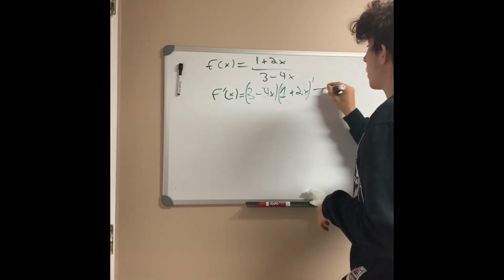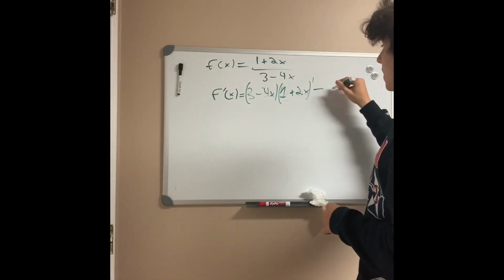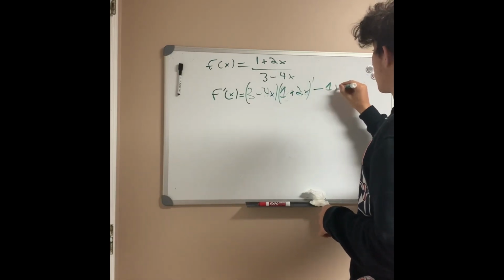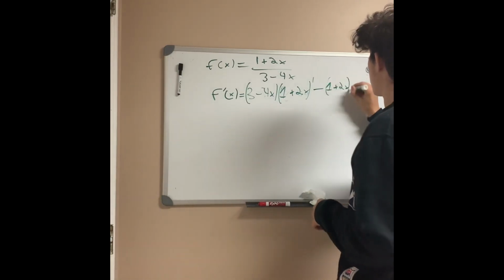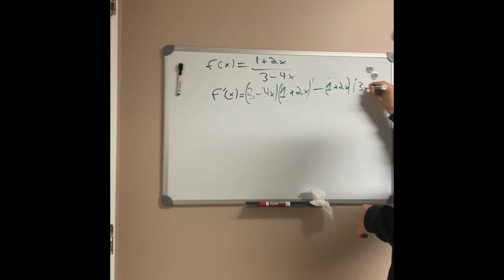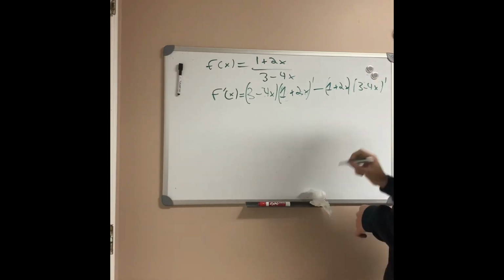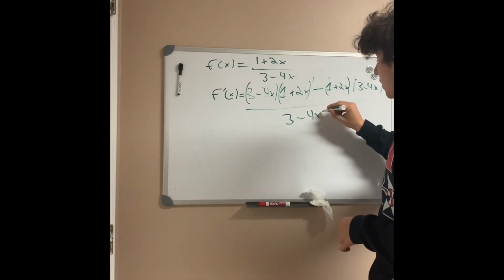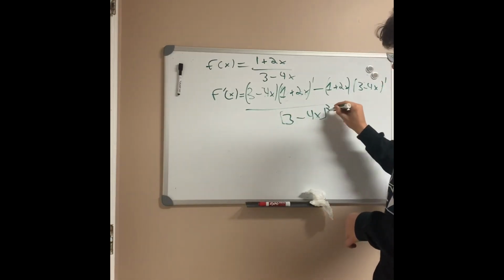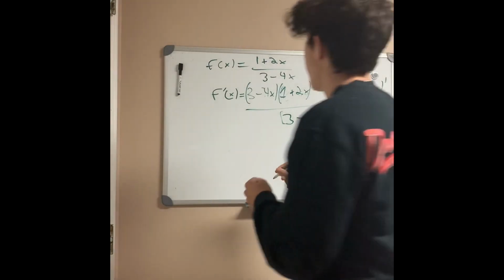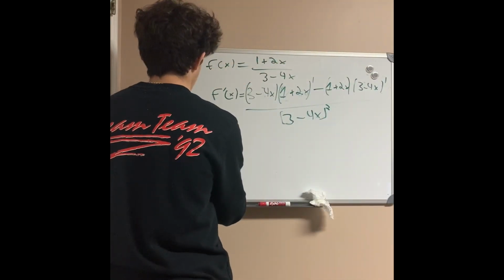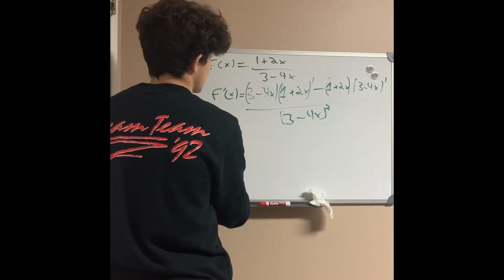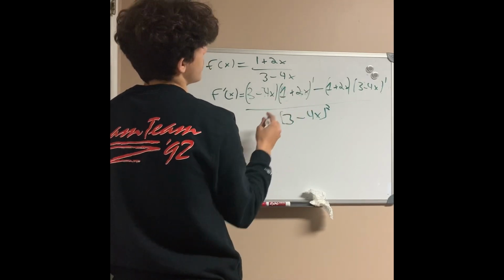minus 1 plus 2x times the derivative of 3 minus 4x. And then we can divide all this by 3 minus 4x squared. Okay, so next step down, let's move it over here. f prime of x is equal to, so find the derivative of that.